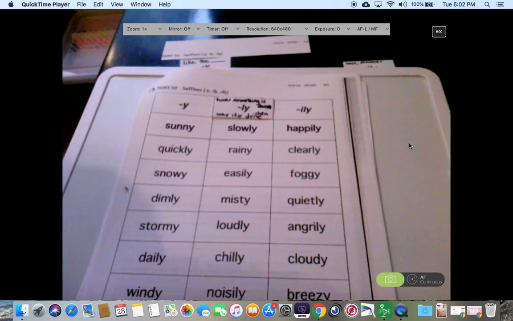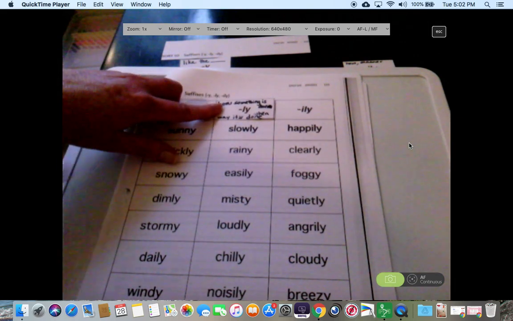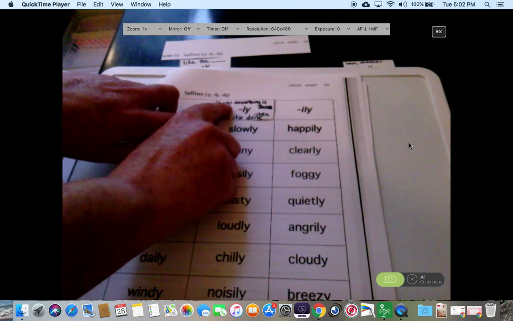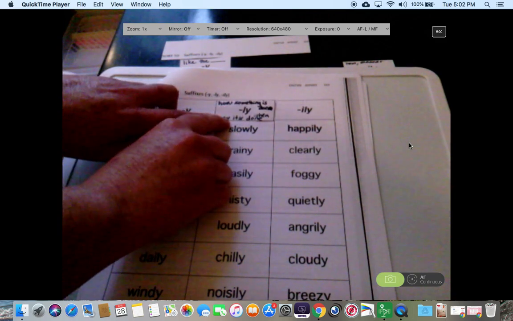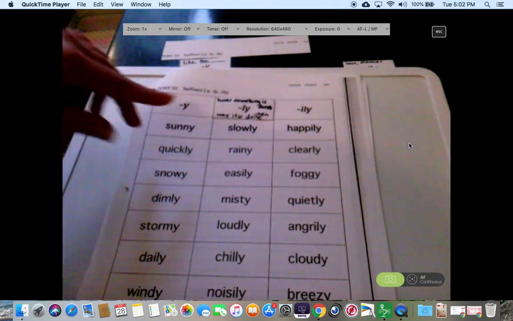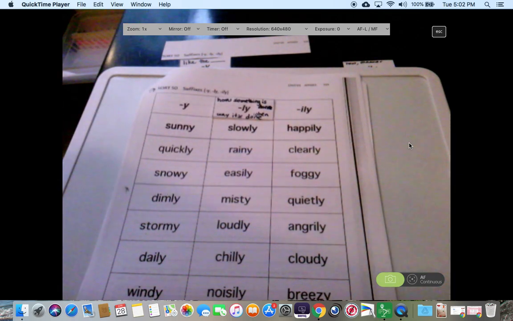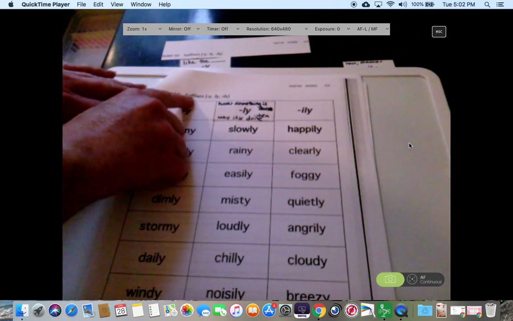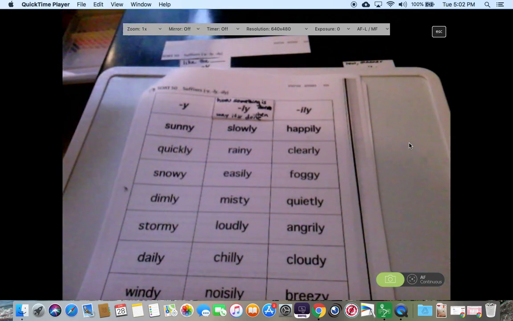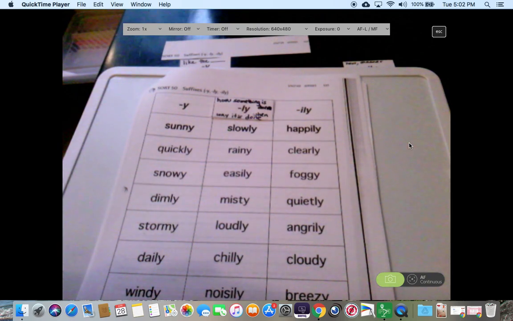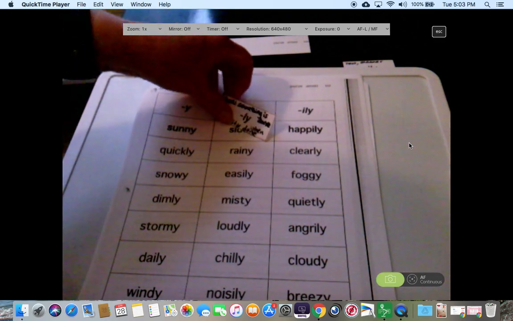That tells us, again, how he was walking. So you can write on your little word card here how something is done or the way that it's done to help you remember what that suffix means. And again, these are called suffixes. And boys and girls, as always, if I'm going too fast, please go ahead and feel free to pause the video so that you can catch up with me.